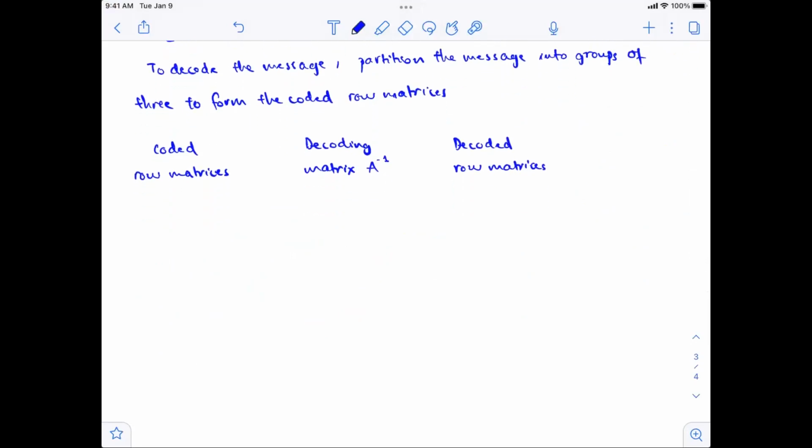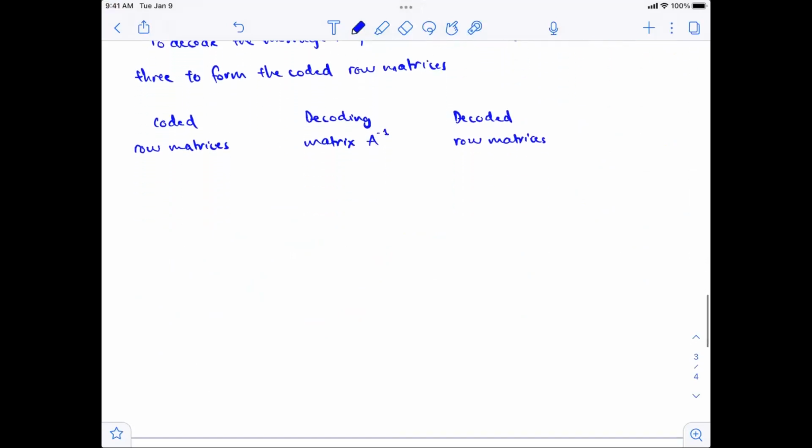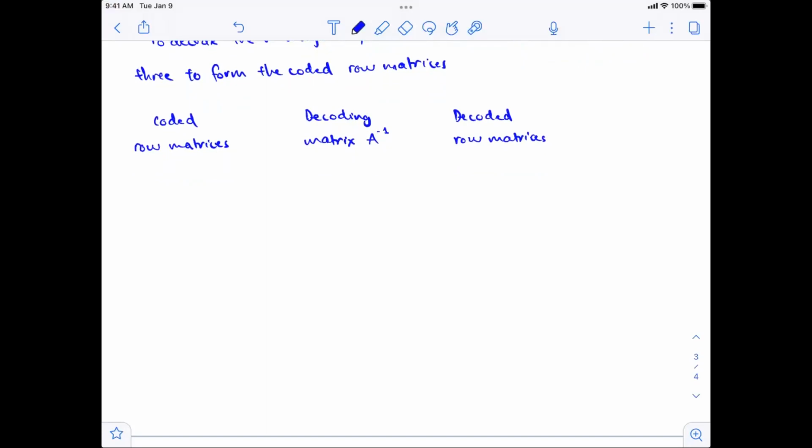Okay, so the first coded row matrix is 13, negative 26, and 21. You multiply with the inverse of A, which is negative 1, negative 10, negative 8, negative 1, negative 6, negative 5, 0, negative 1, negative 1. Right. And again, do the matrix multiplications.